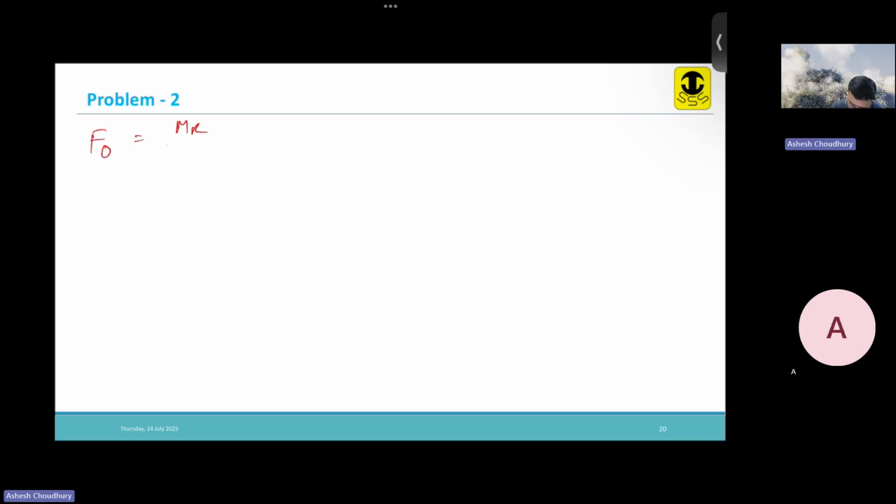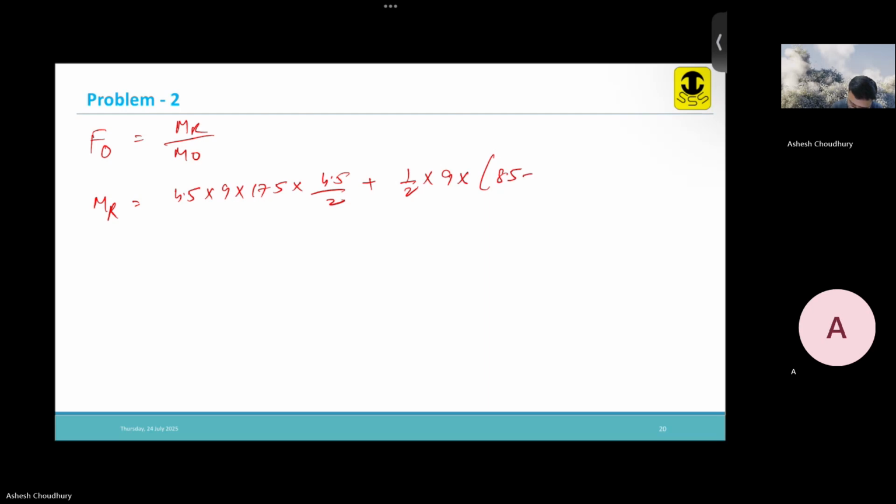Now next is my factor of safety against overturning. So resisting moment divided by overturning moment. What is my resisting moment? Again, you find out. So 9 into 17.5 into 4.5 by 2 plus half into, these are the areas.